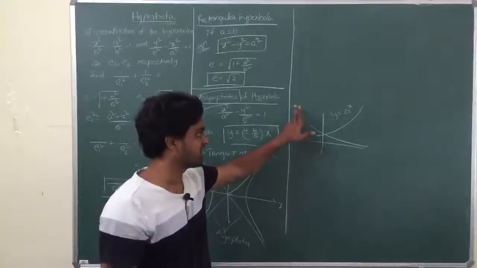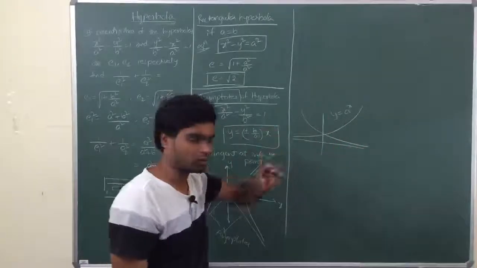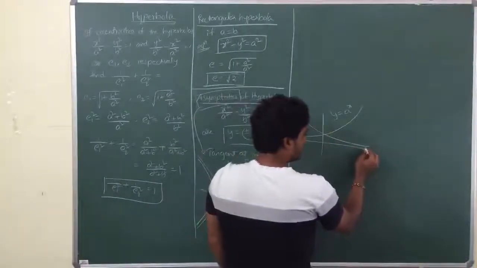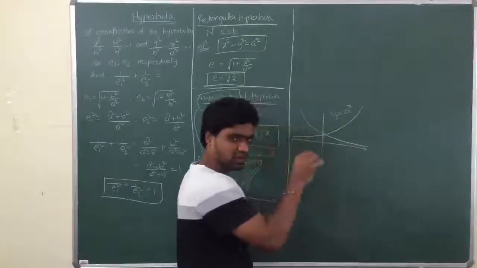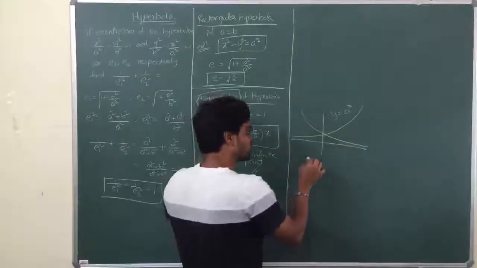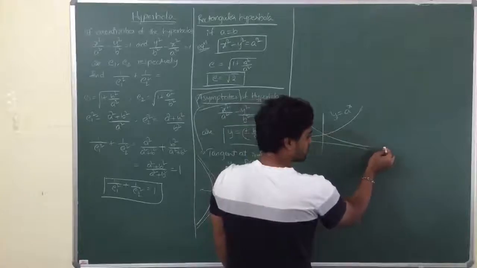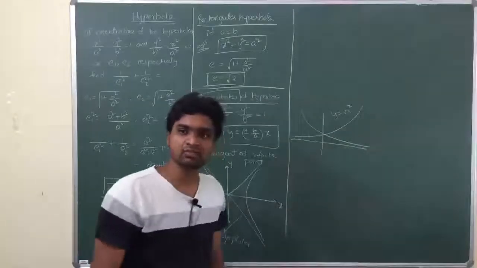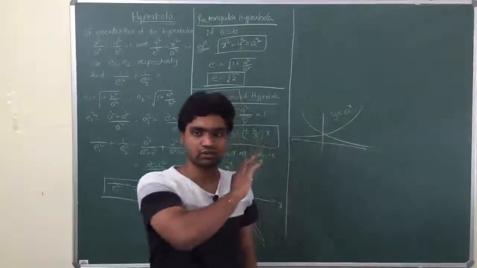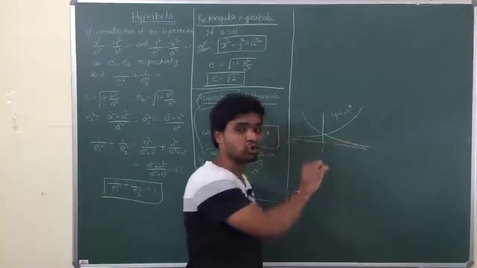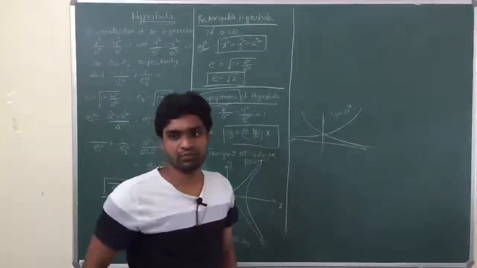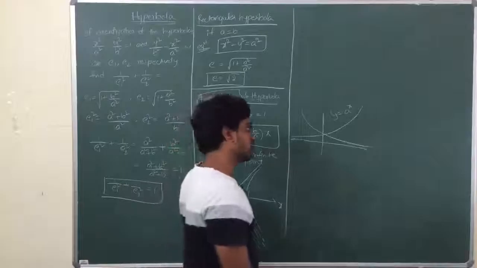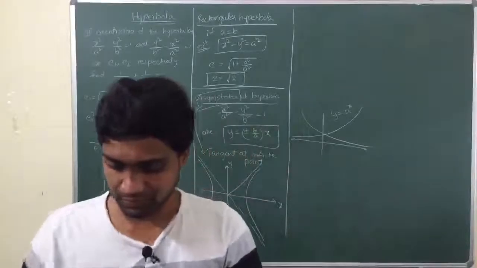This is when a is greater than 1, this is when a is less than 1. Now observe the x-axis. The x-axis seems to touch the curve, but it never touches the curve. So x-axis is the asymptote of e power x. Remember that.